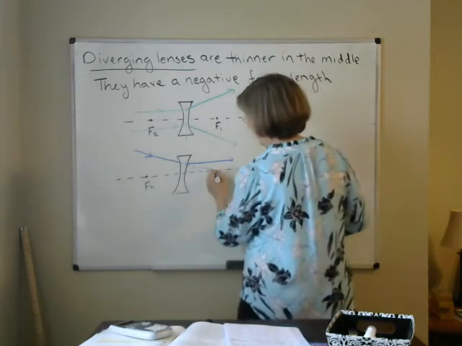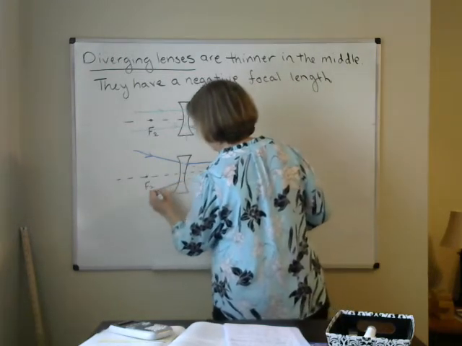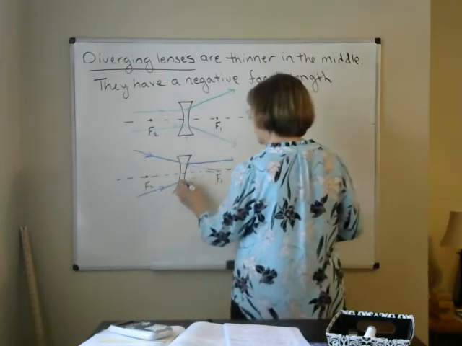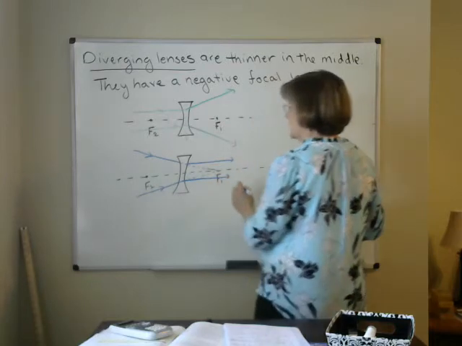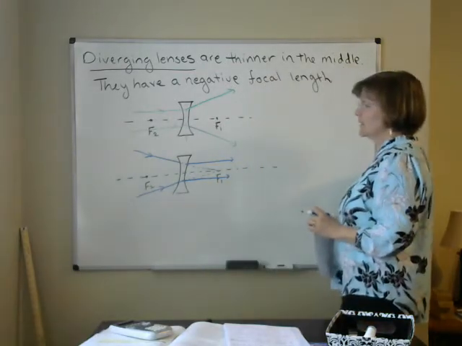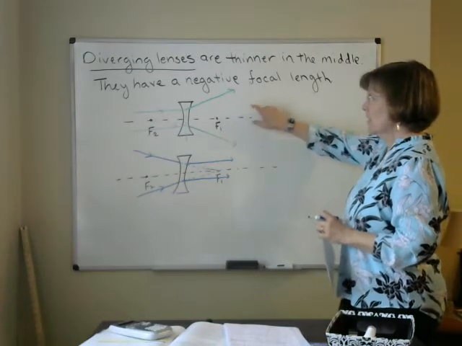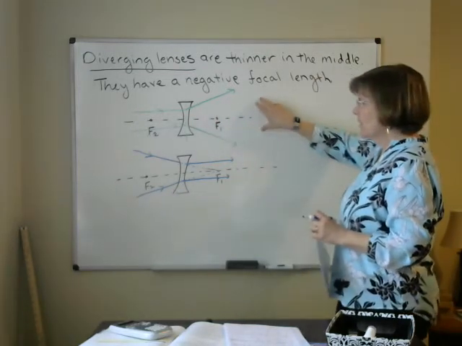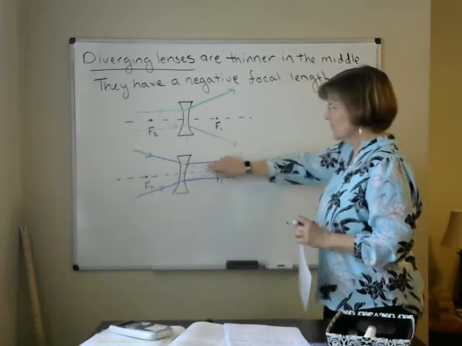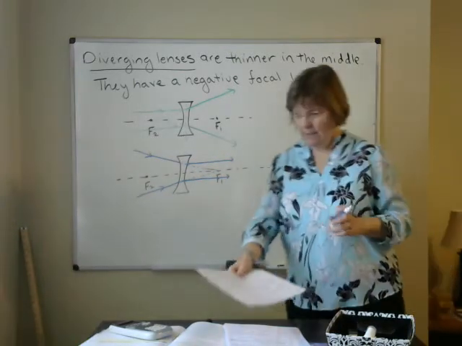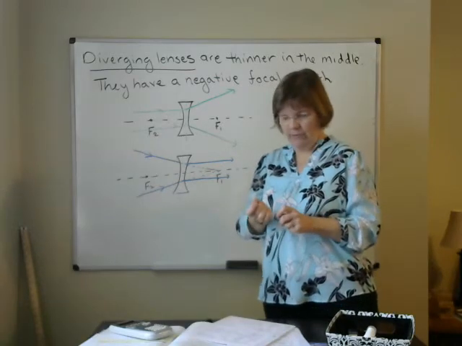So here's another one. It looks like it's headed straight towards this focal point, but when it gets here, it refracts so that it's going parallel. So either way, you can see how it's spreading the rays apart. These were parallel, they're moving apart. These look like they were going to actually converge to a point, but again, they got moved apart. Okay, so that's how the ray formation works.